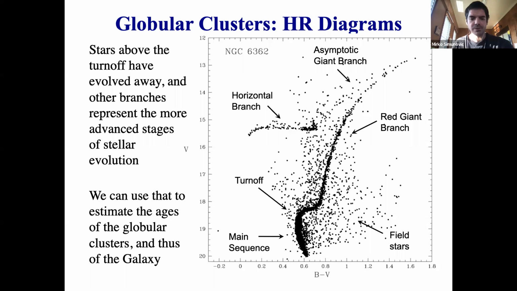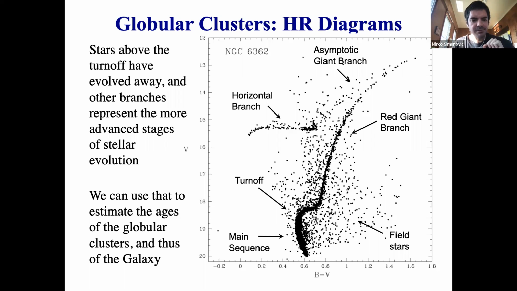They spend most of their time at this main sequence level of evolution, and at some point they become old enough that they evolve away from this point, and that's the turnoff point. That's where the stars begin evolving off and away onto the red giant branch, the horizontal branch, the asymptotic giant branch, and so on.